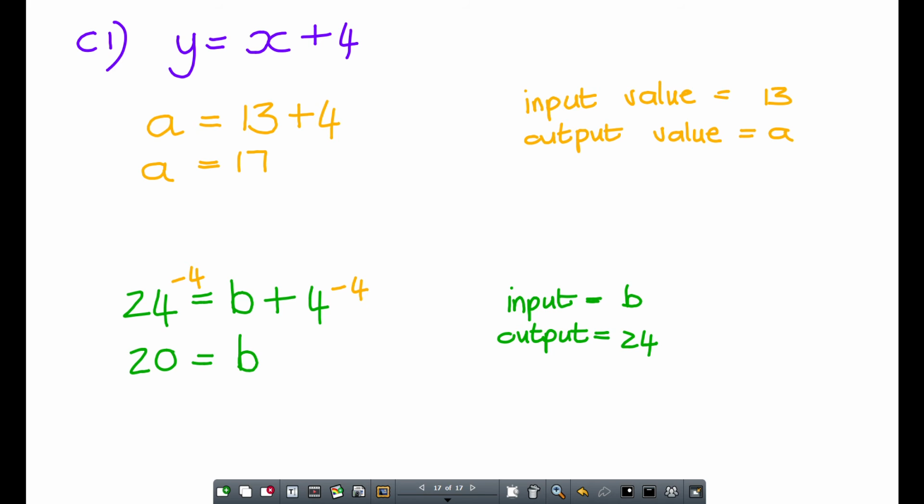Done? Okay. Right, number 3. Again, we first had to get the rule. And your rule was y is equal to minus 3x plus 4. Who wants me to go back and explain how I got there? Okay, right. So your table.